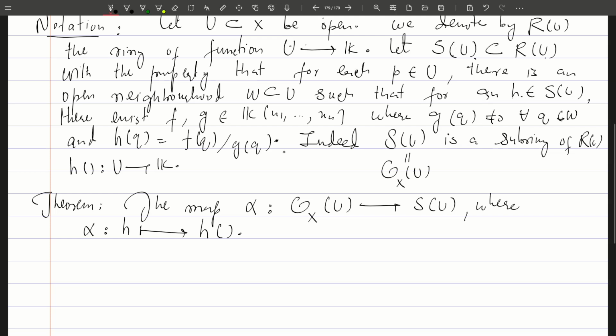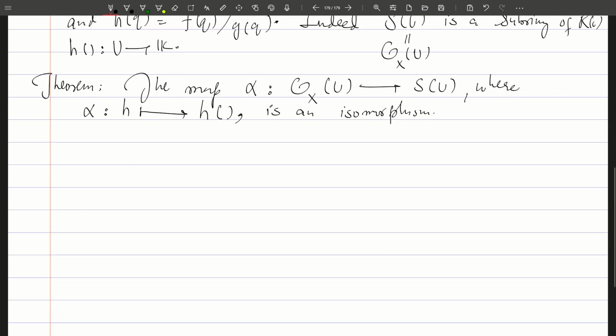And so let us prove this. So this alpha is an isomorphism. Let us prove this.